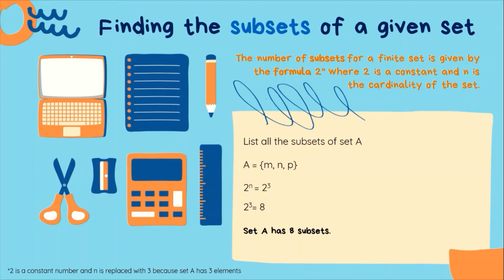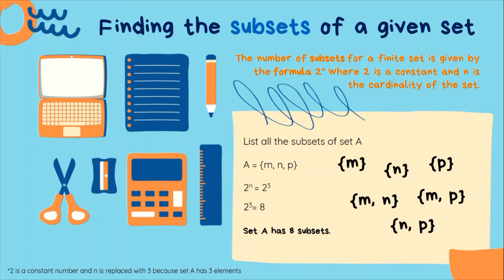Listing the 8 subsets of set A, we have {M, N, P}. We have {M, N}. We have {M, P}. Also {N, P}. Meron ding tayong {M}, {N}, and {P}. The last one is a null set because a null set is a part of every set.